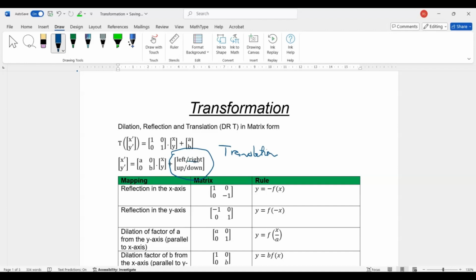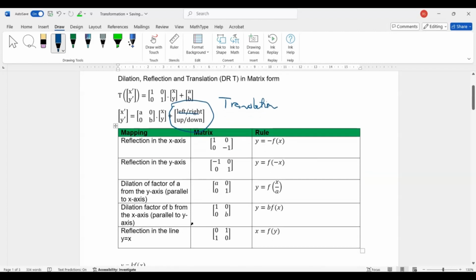The translation left or right is A, whereby B is up or down on the y-axis. So in a matrix format, this is how it would look.